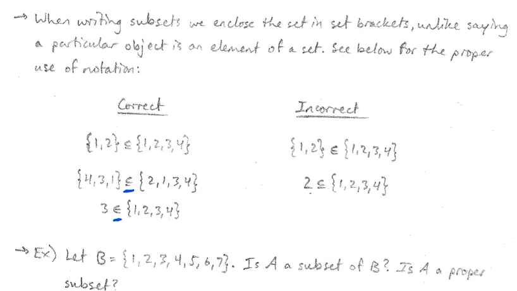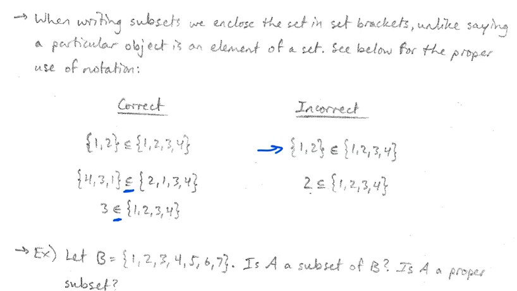If your object or group of objects does have the set brackets on them, you are not going to use the element symbol. That's the first incorrect use of the notation here. So if you have set brackets on things, it's not an element of it.